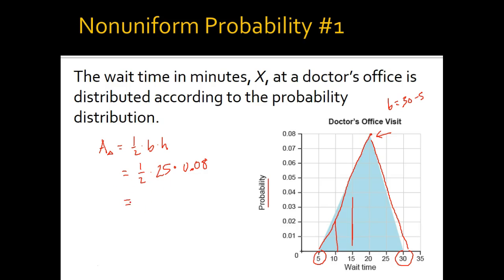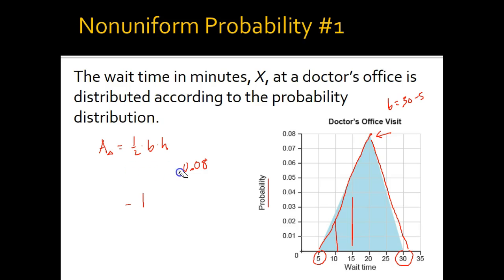It's 1/2, 0.5 times 25 times 0.08, and what do you get? If you did it right, you should get 1, which is 100%. So the area under the triangle is 100%. Hooray! That's what it was supposed to be, and that's what it is. Congratulations.